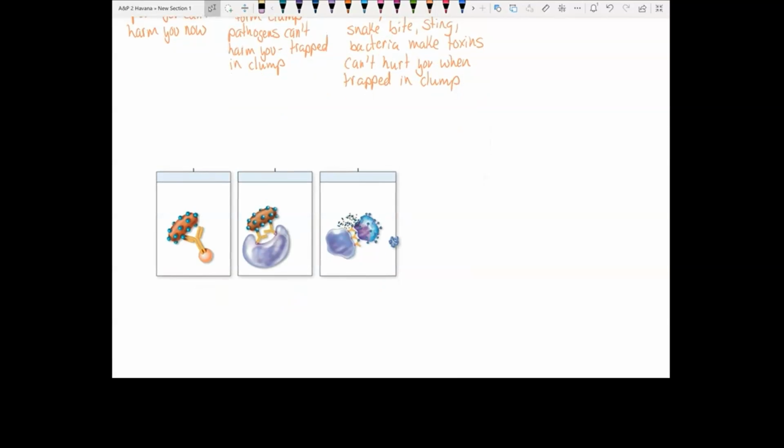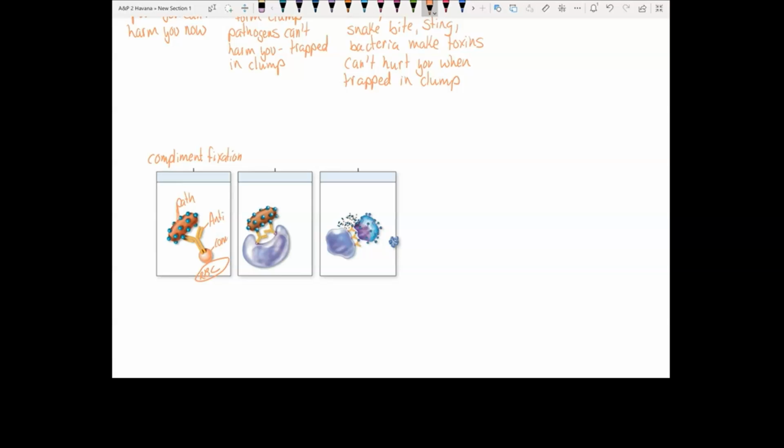The next couple of them are going to be familiar to you. This one is complement fixation. Remember back when we were learning the second line and learning about complement? Here it is again. You would have that red blood cell here. Here's your pathogen. Here's the antibody.